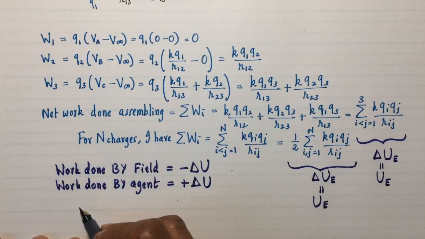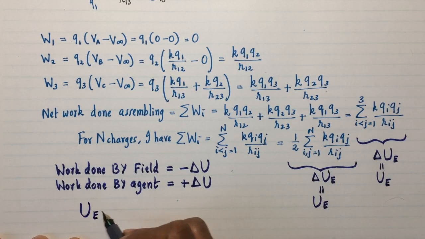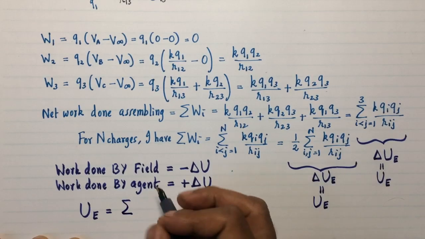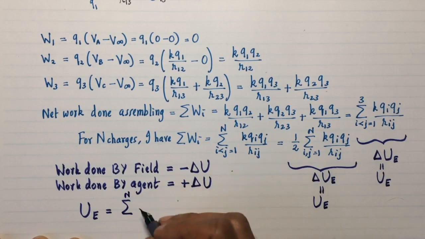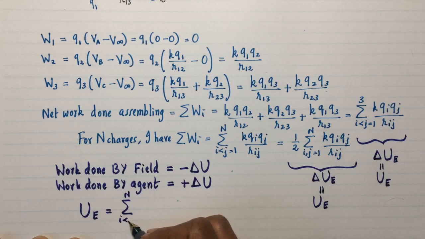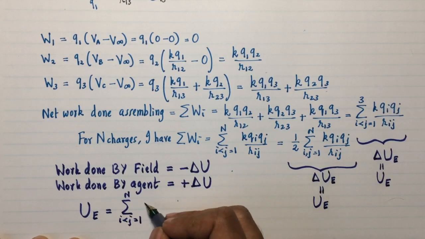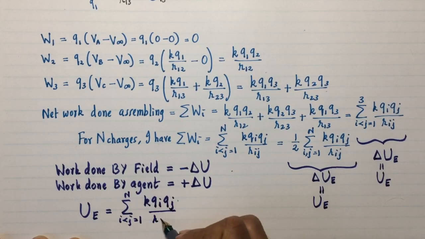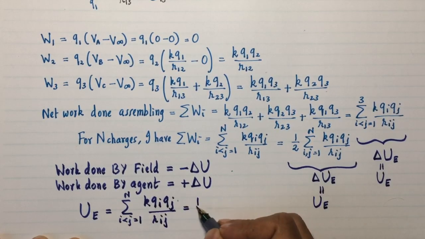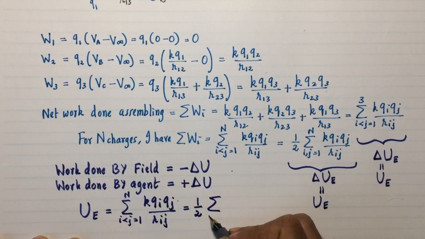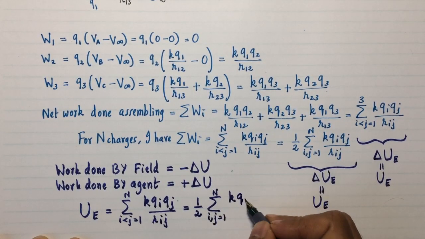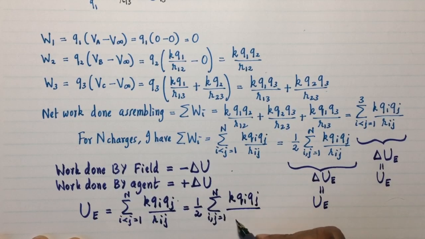So I'll have here the final expression for the potential energy of an n-charge configuration. It's the sum over i less than j, from 1 to n, of kqi qj over rij. Or equivalently, it's 1/2 the free sum of kqi qj over rij.